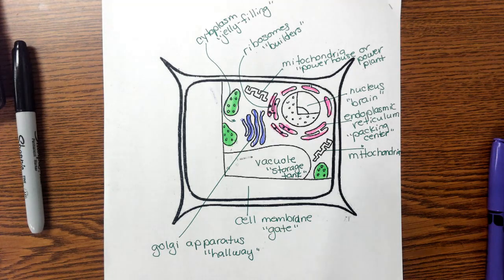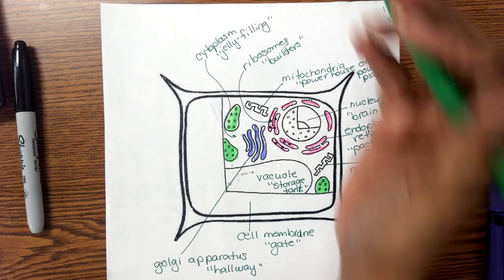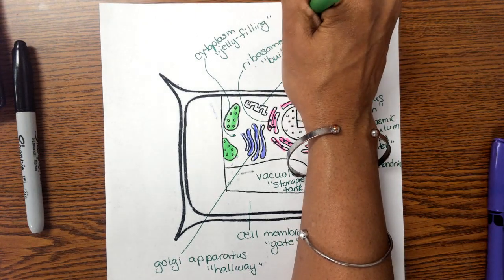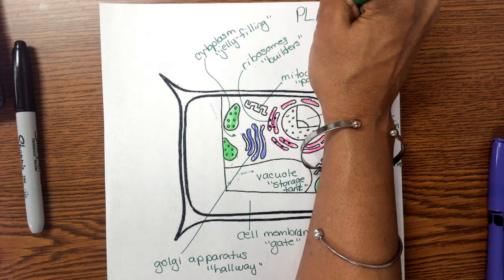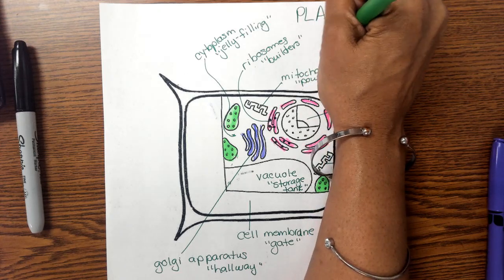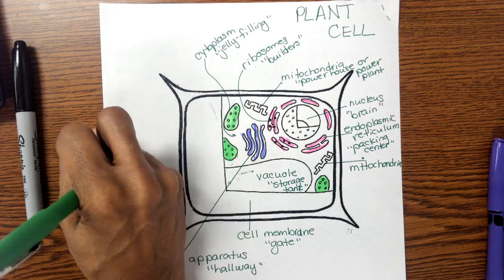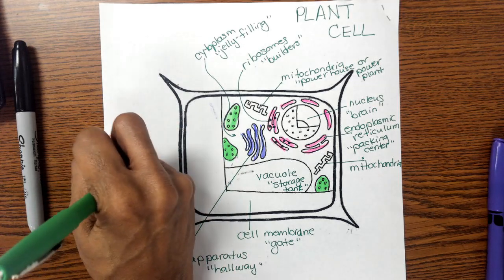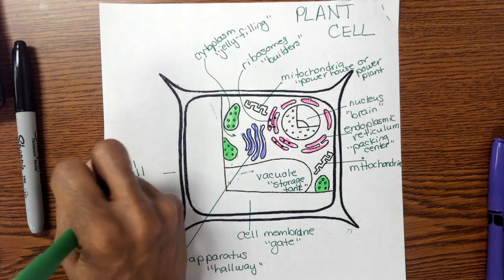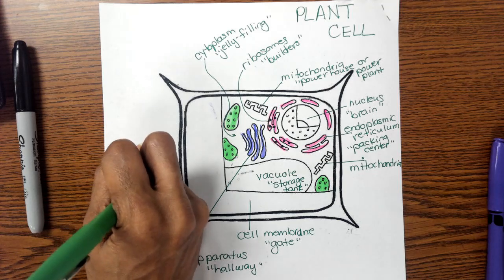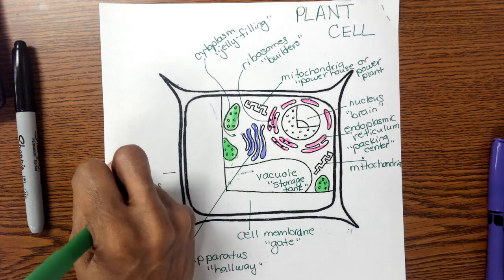Okay, and now I'm going to go into the other two structures that are present in a plant cell that are not in an animal cell. And I didn't label this, so we're going to say this is a plant cell. Okay, so right here we have a cell wall, and this provides support and structure.